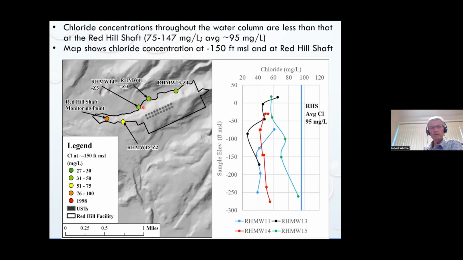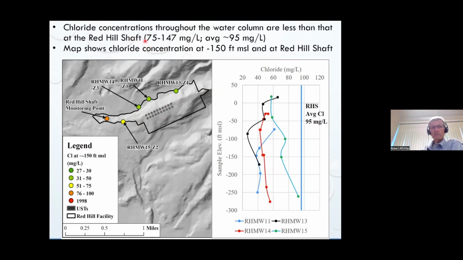And if we look at chlorides in the water column versus the average of chlorides measured at the Red Hill shaft, we cannot account for what is pumped versus what is in the water column beneath the Red Hill facility.